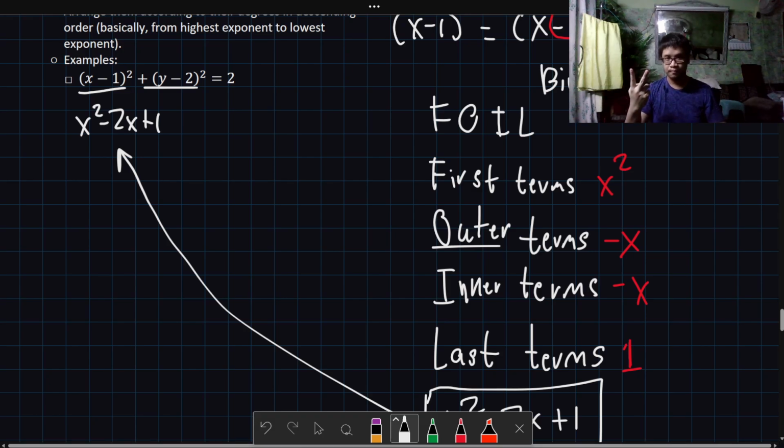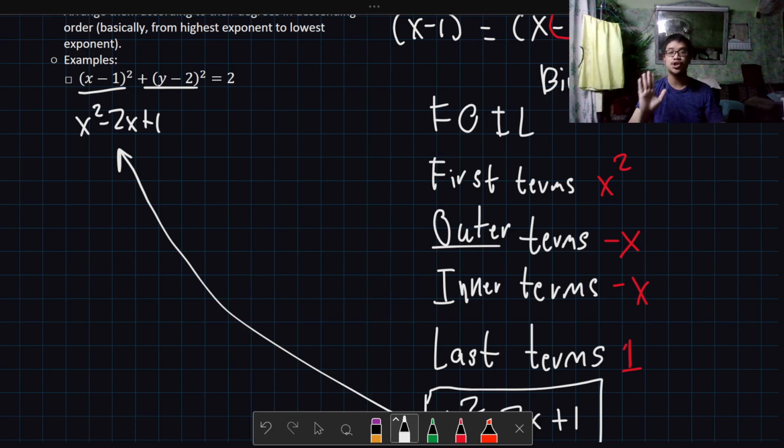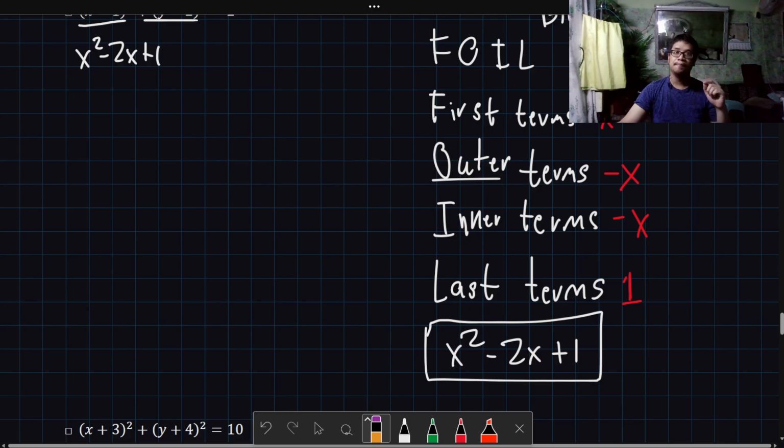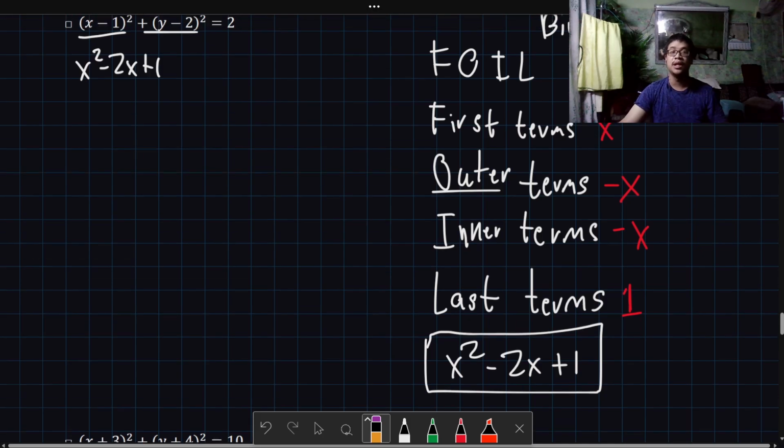Now, there's another way, which I do believe is much, much better compared to this one. It's an algebraic technique for expanding a squared binomial. Let me erase this one.